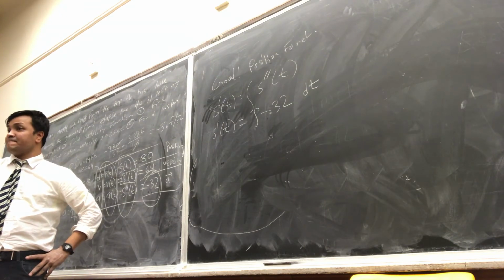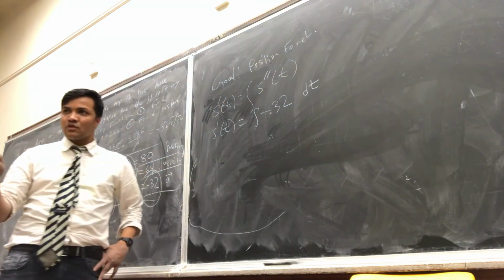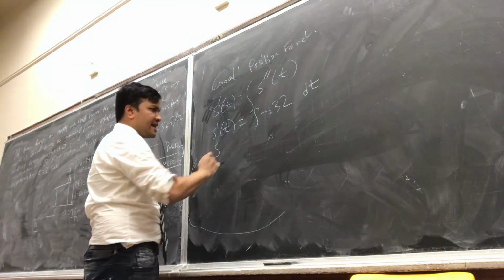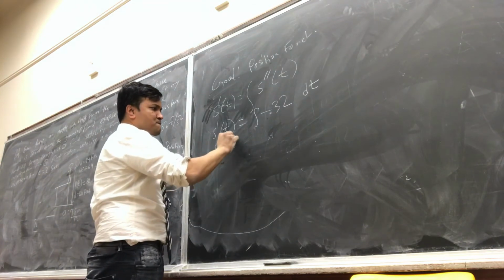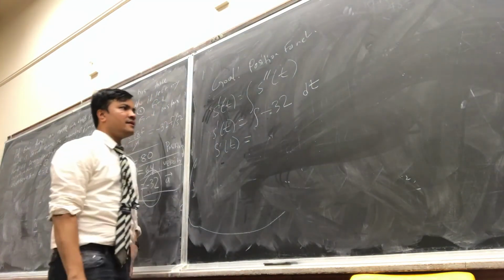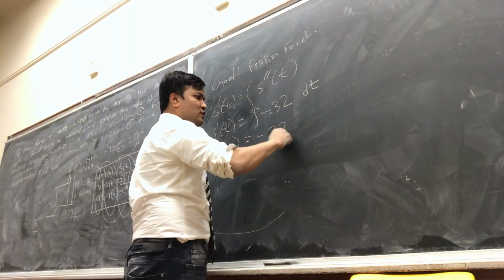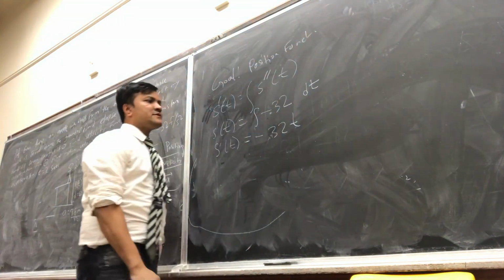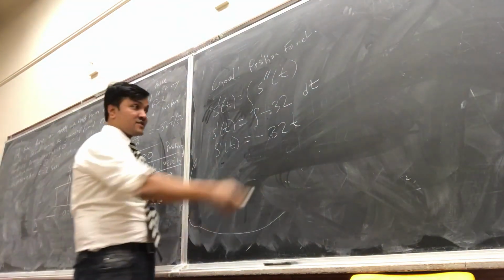Does that make sense? Okay. So now what are you going to do? We're going to write S prime of t is equal to negative 32 t divided by what? Divided by 1, because there is a power 1.